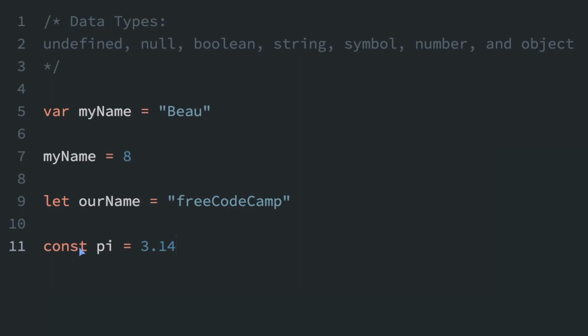It can never change. So, like right up here, I declared my name, but then we changed it here. So it started out to be Bo, and we changed it to 8. A const, you can never change it. If you do try to change it, you'll get an error. Okay, that's all for now, but like I said, we'll be talking more about the different types of variables later.